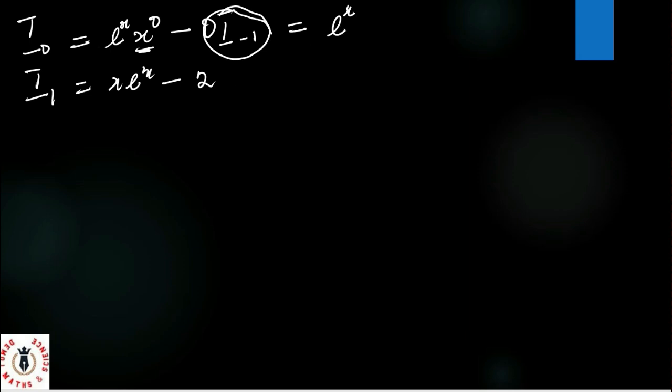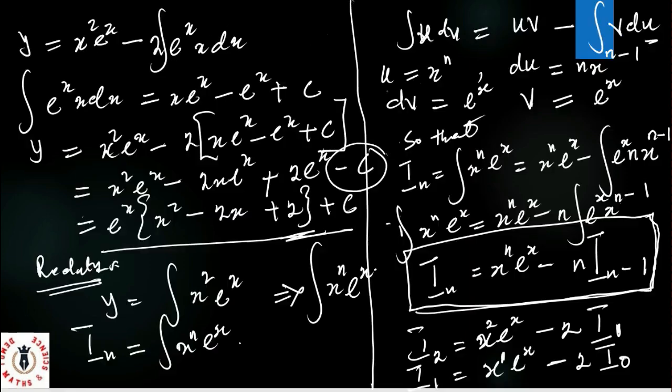But remember, I naught is e raised to power x. Now we're going to go back again into I2 and also substitute for I1. But let's write I2 out first to make it easier for me to see. I2 is the same thing as x squared e raised to power x minus 2 I1.